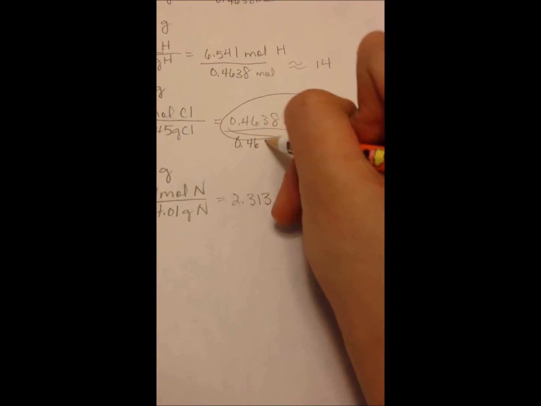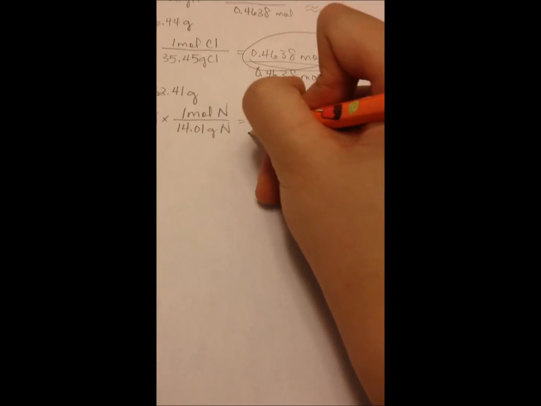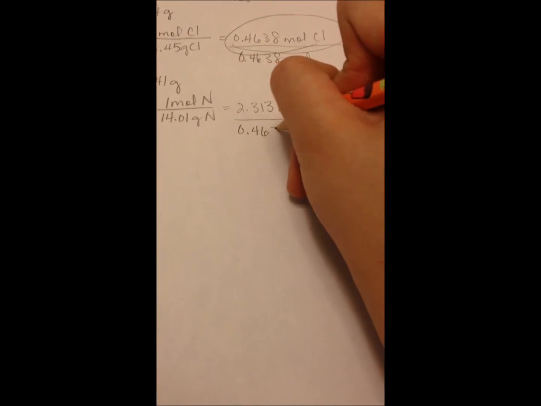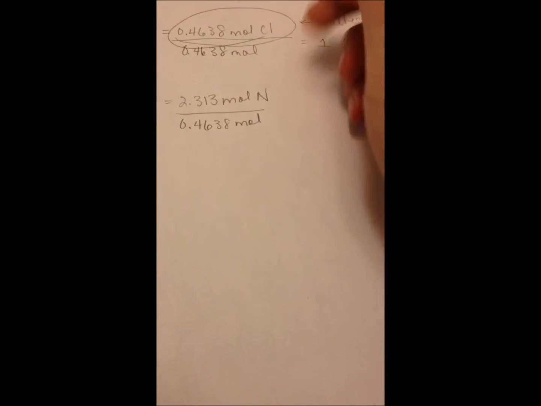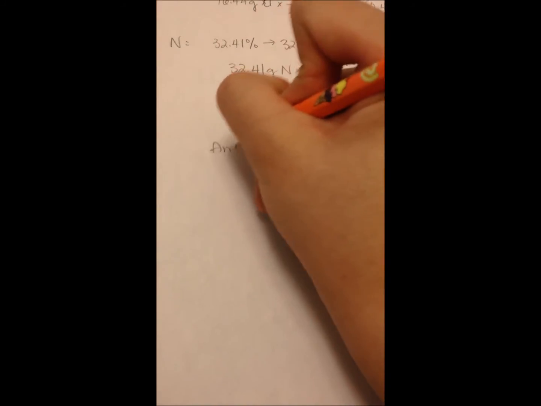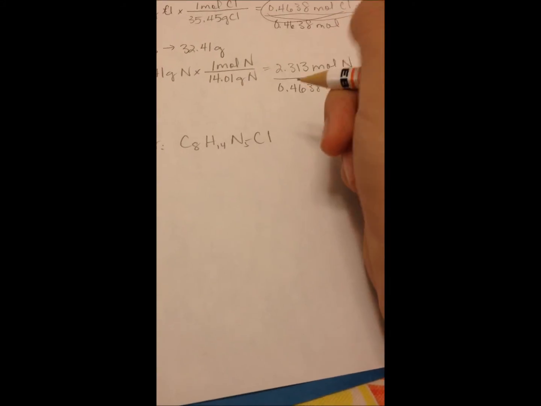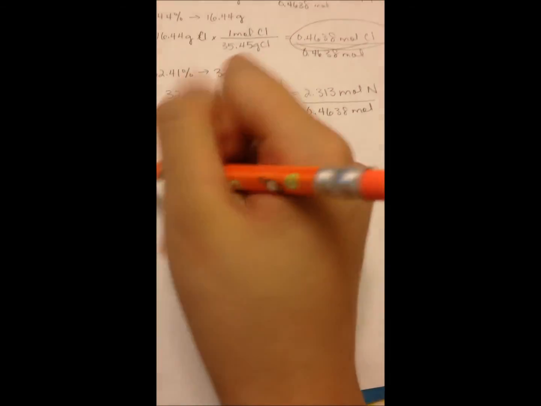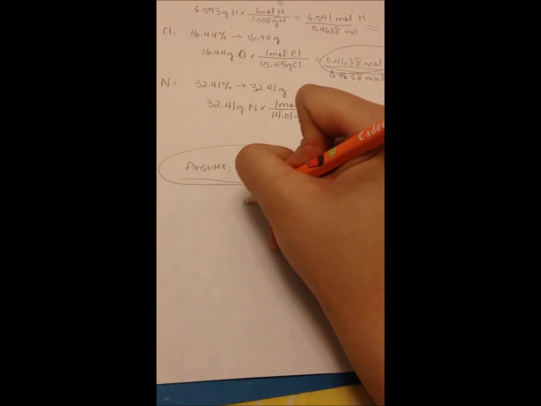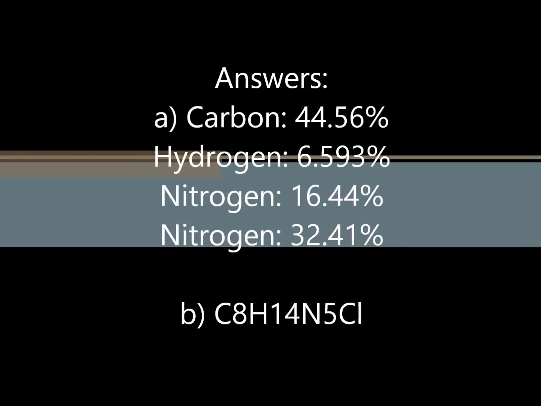And for chlorine, it's 1, obviously. And for nitrogen, it's around 5. So since the values obtained are very close to whole numbers, we will not need to multiply until whole numbers are formed. Therefore, the empirical formula of the pesticide is C8H14N5Cl. And here are the final solutions to the question.